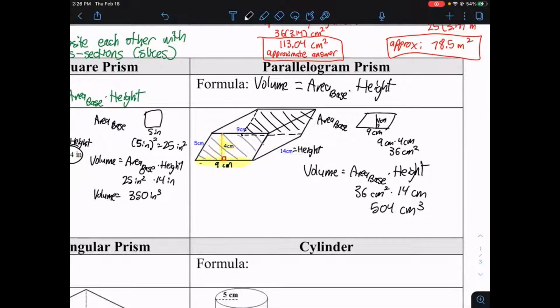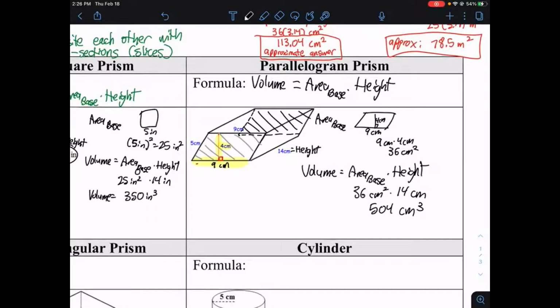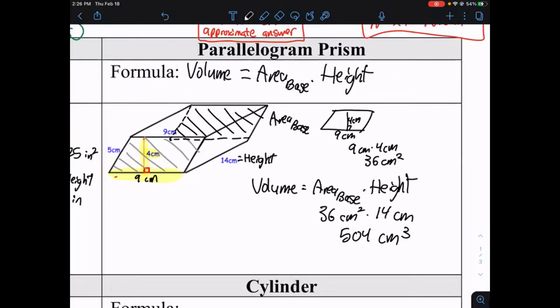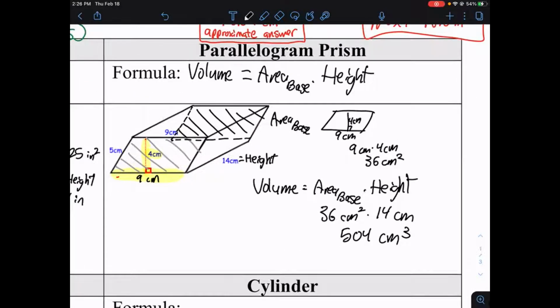Okay, so questions on the way we came up with this value? Some of you may have done 9 times 14 and then times 4 at the end, and you probably got the same answer. And so we'll talk later about why that still worked.